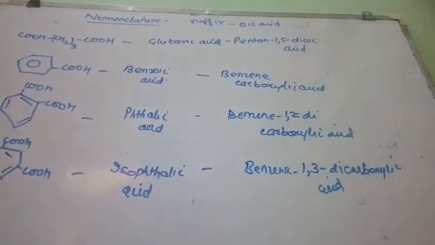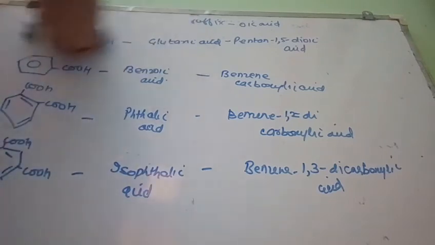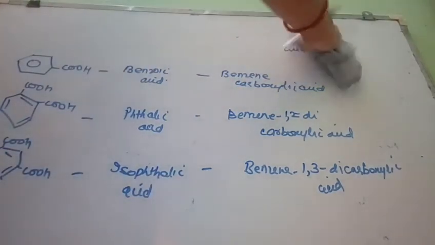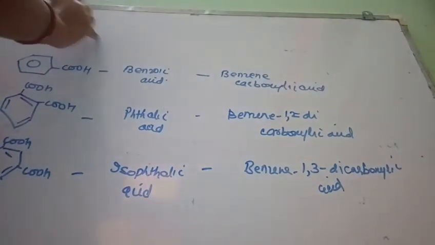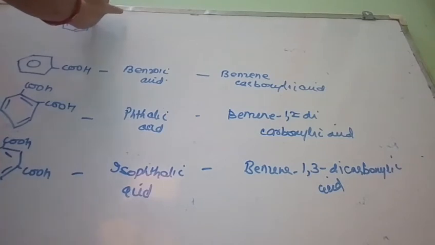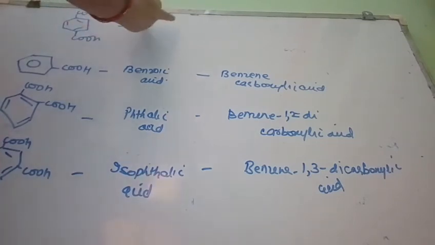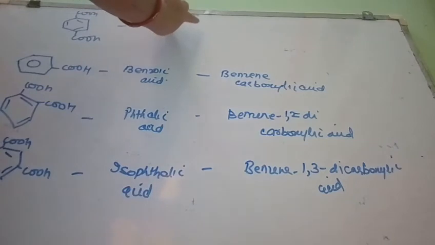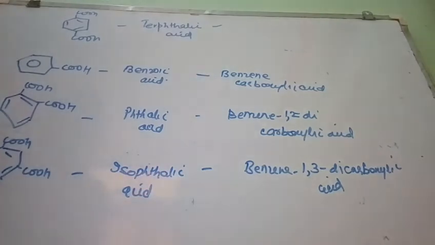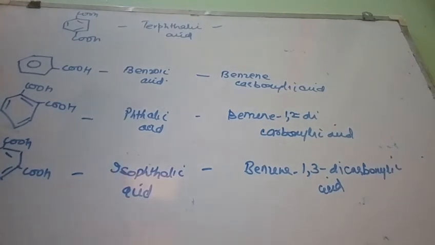If it is present at the 1,4 position, I'll write here, it is known as terephthalic acid or benzene 1,4-dicarboxylic acid. So this is how the names of carboxylic acids are given.